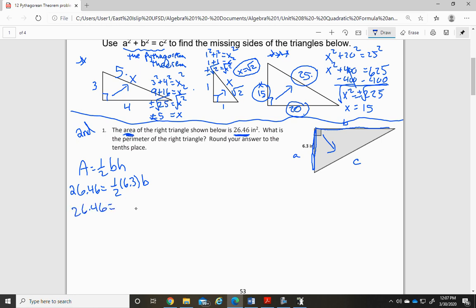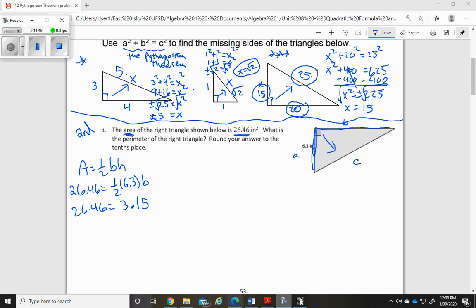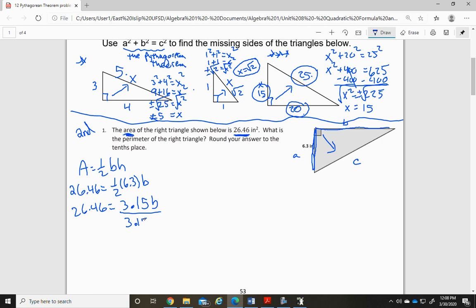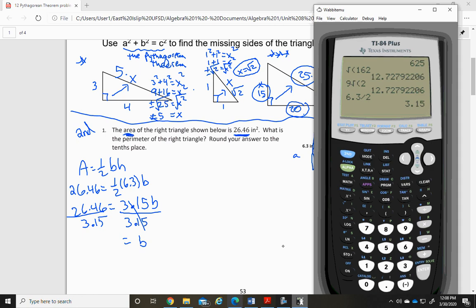So if we calculate this, we're going to divide both sides by 3.15. I'll use my calculator for this.